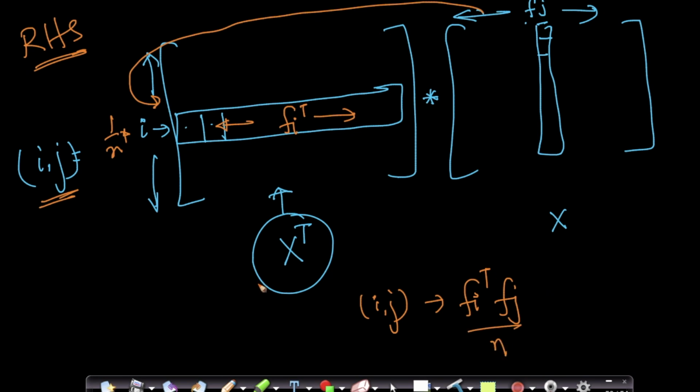So my RHS equals my LHS, which says that S is nothing but 1 by n times X transpose X, when X is represented the way we showed. This is a D cross n matrix and this is an n cross D matrix. It's always good to write this to understand whether you can actually multiply these matrices or not.